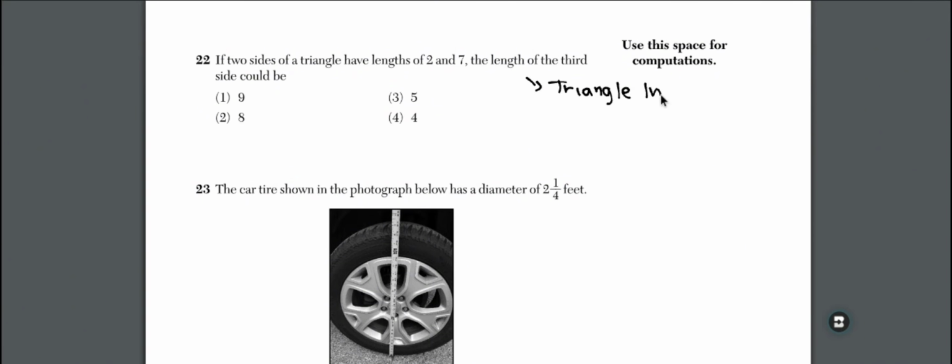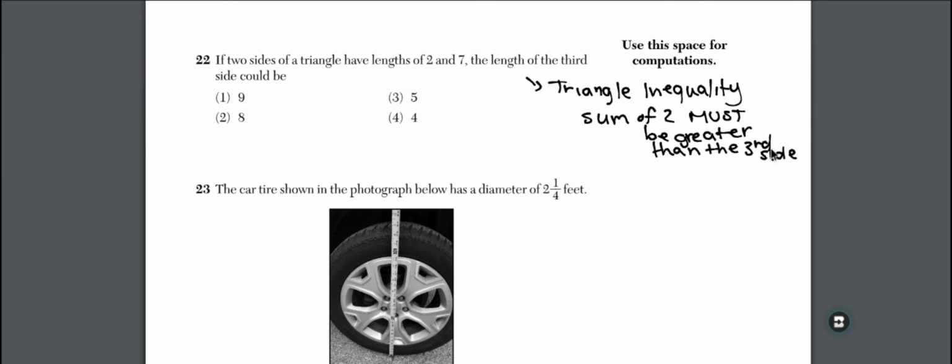The triangle inequality theorem says that the sum of 2 sides must be greater than the third side, and the difference of the 2 sides must be less than the third side.